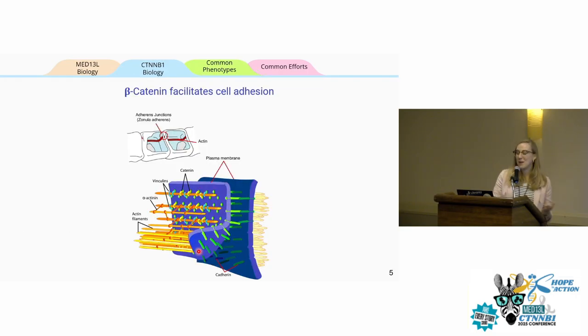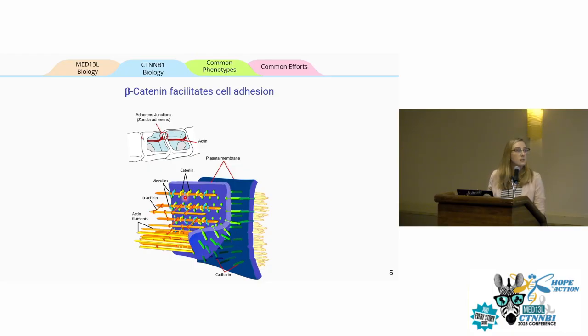Okay, on to beta-catenin. Beta-catenin has two main jobs. The first of its main jobs is to sit here at adherens junctions, cellular junctions that are found throughout your entire body. Beta-catenin binds to cadherins, specifically to E-cadherin, these little green transmembrane proteins that facilitate the adherens junction between cells.